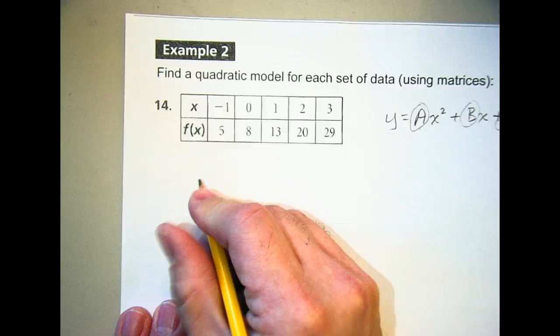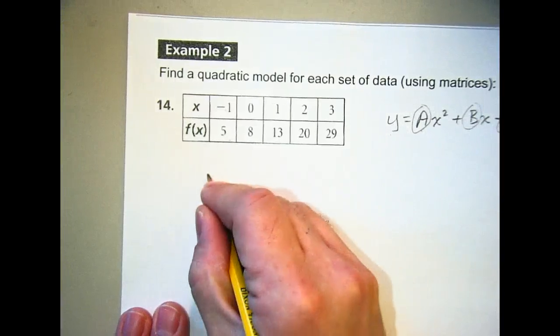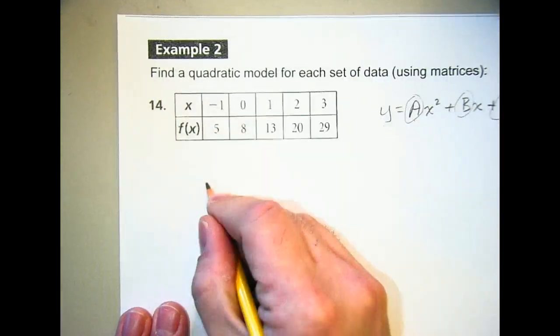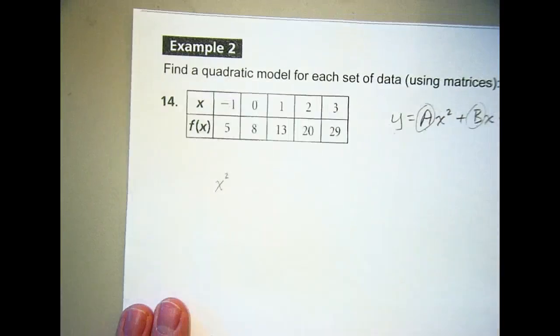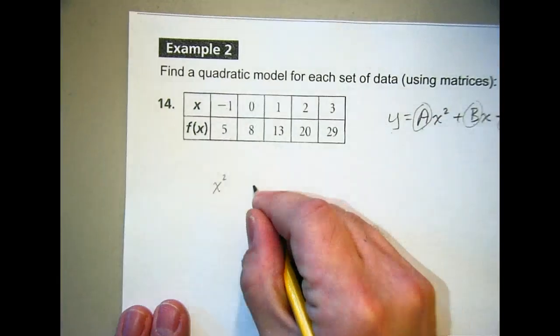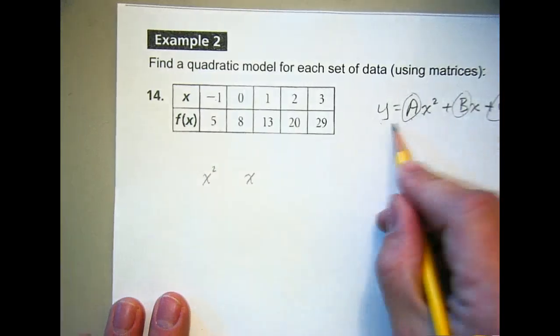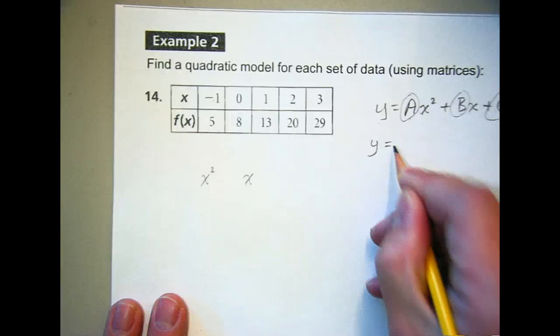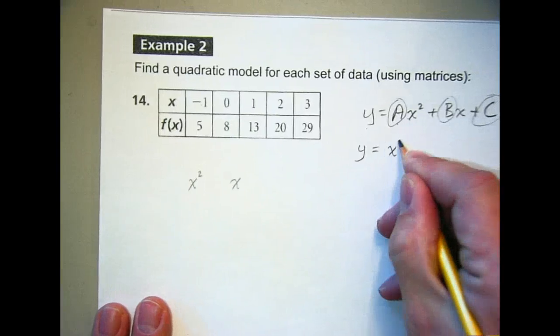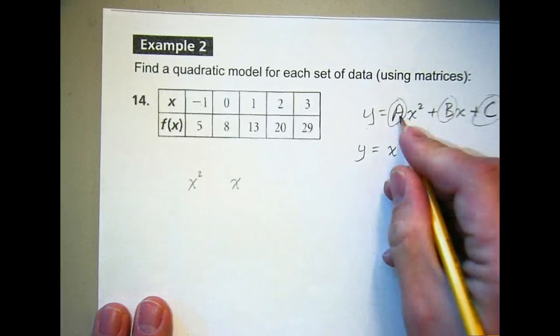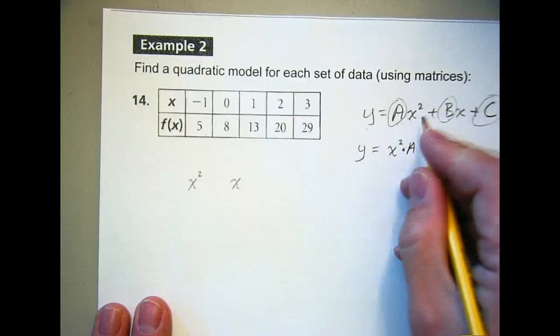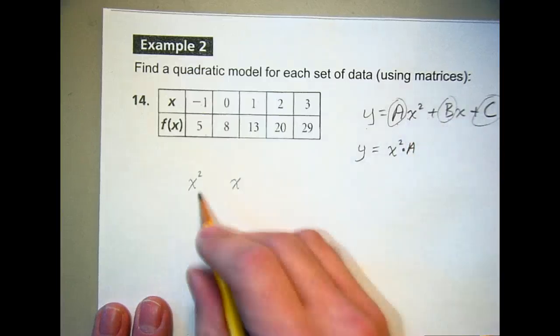I'm taking the coefficient. So if I think of this in a different way, I can think of this as x squared times a. I'm just moving these around. Everyone get that? So my coefficient of a is x squared.